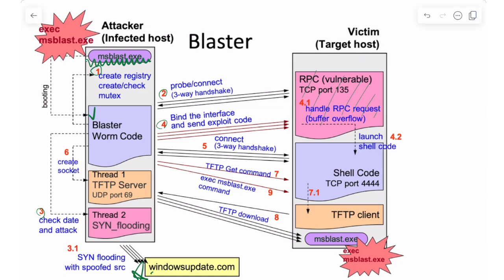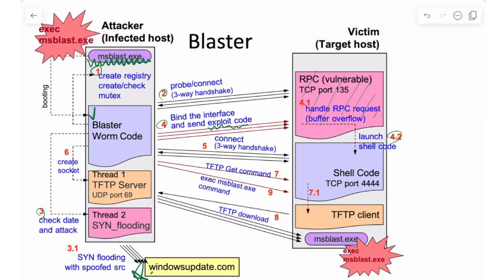But before it really crashed, okay, the hacker, the exploit code right here, will launch another process at the victim, which is the purple one, which is called shell code. And the shell code will open a TCP socket at 4444.